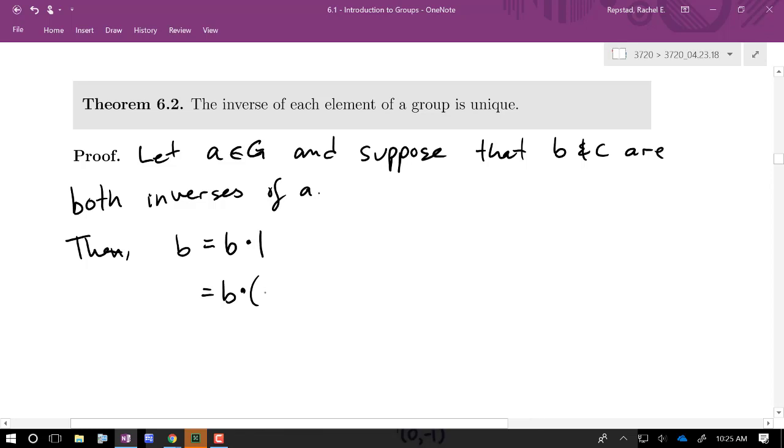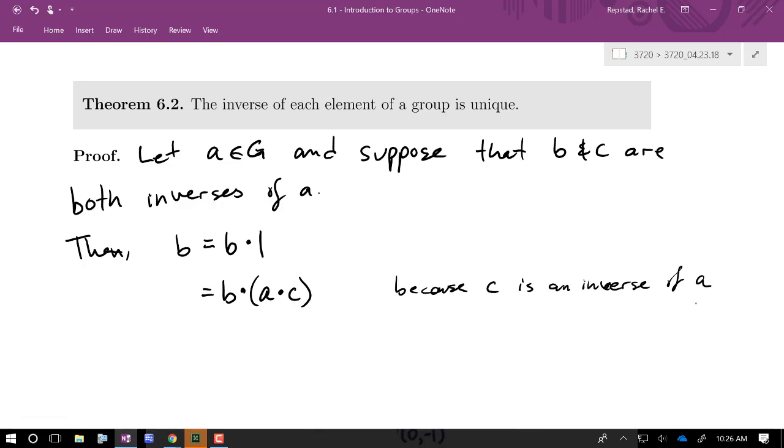So I could rewrite 1 as A times C, and I can do this because C is an inverse of A. If C is an inverse of A, that means if I multiply A by its inverse, I get 1. So I can replace 1 with the product A times C.